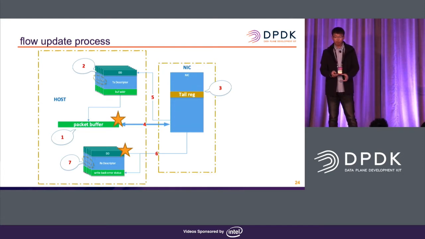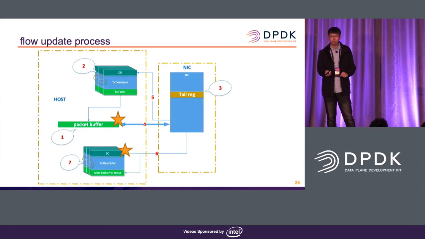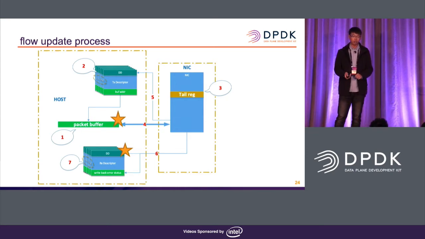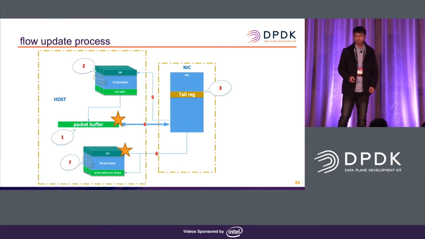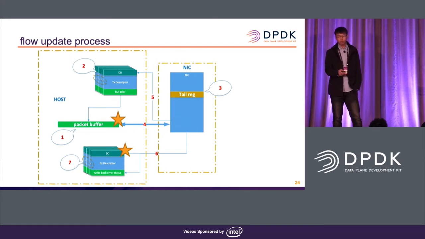But at the meanwhile, the NIC is still fetching the last raw packet from the buffer. Then this may lead to errors. And the second problem is, if we discard steps 6 and 7, then how do we retrieve the programming status from the NIC? So let's see how to solve these two problems one by one.